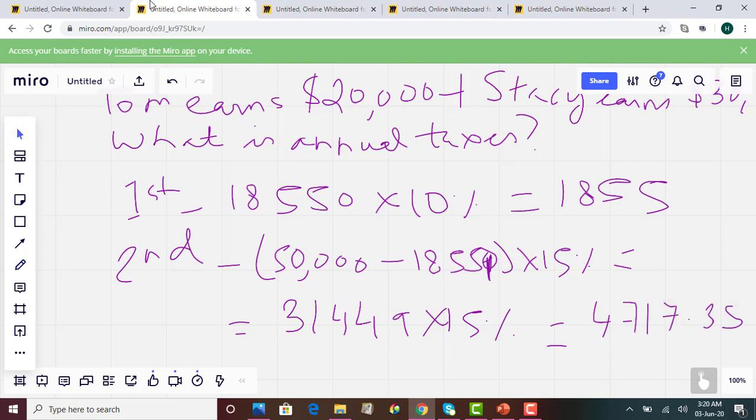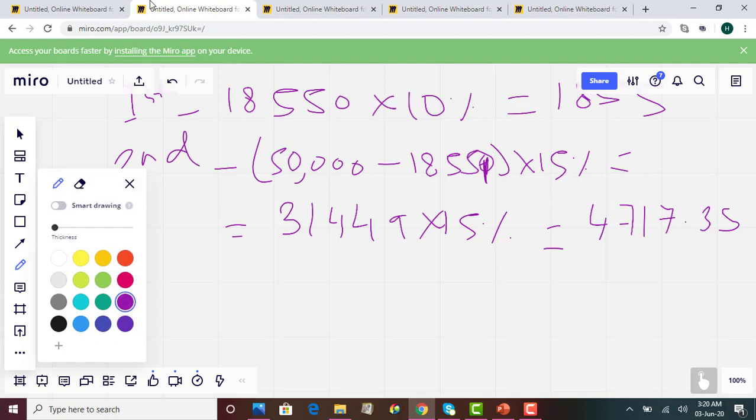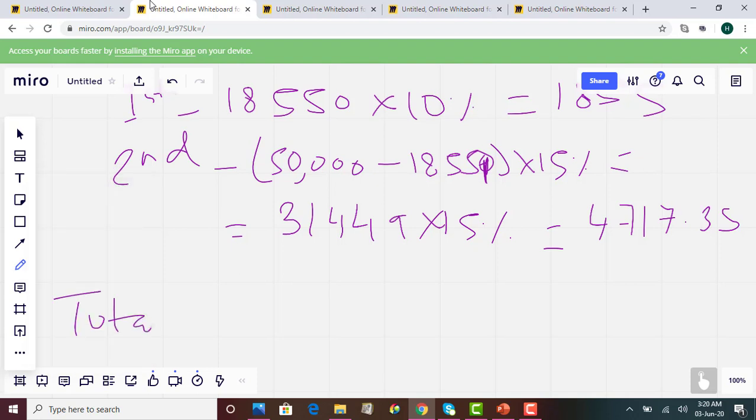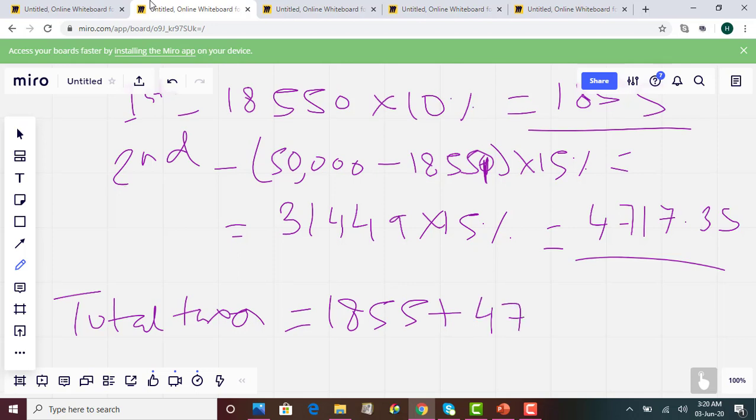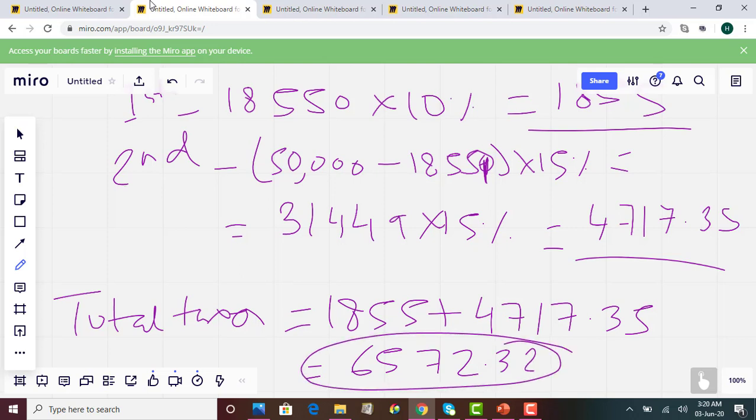So the total taxes they're going to pay, we add the two numbers, 1,855 plus 4,717.35, which equals 6,572.35. So that's the total tax they are going to pay if they are filing jointly and the income is $50,000. So hopefully now you know how to use the table.